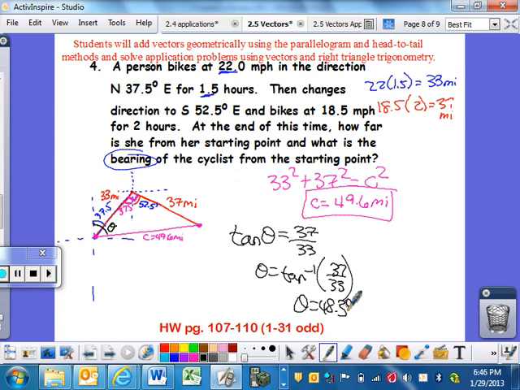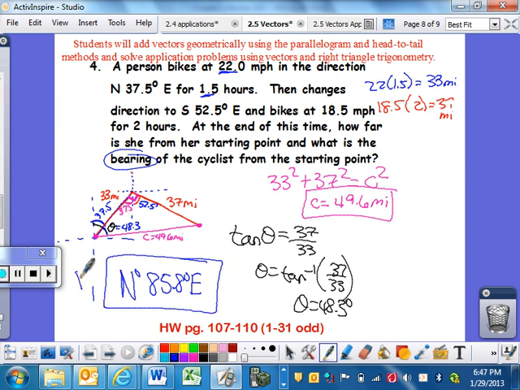Now that is not your bearing, because 48.3 is just part of it. So we actually have 37.5 and the 48.3. Your bearing is north 37.5 plus 48.3 ends up actually being, what, 85.8 degrees in the east direction. So that would be your bearing.